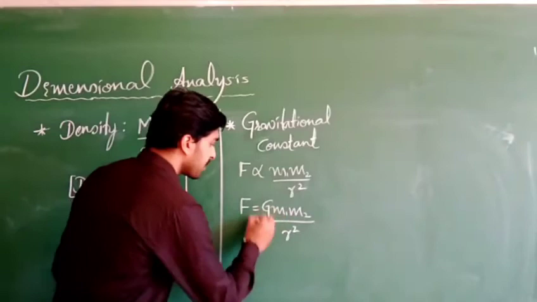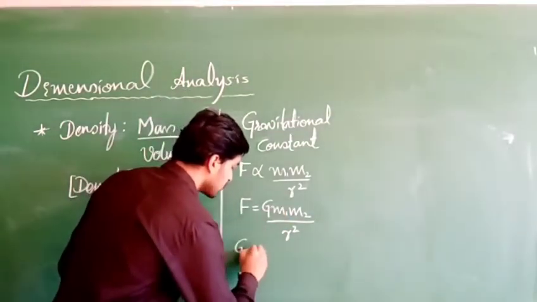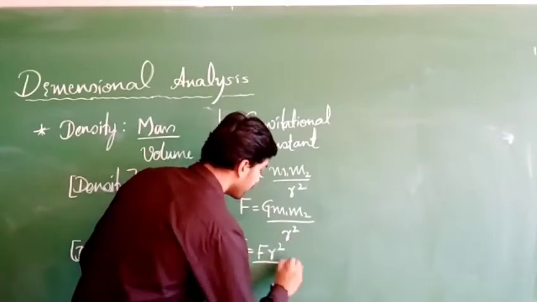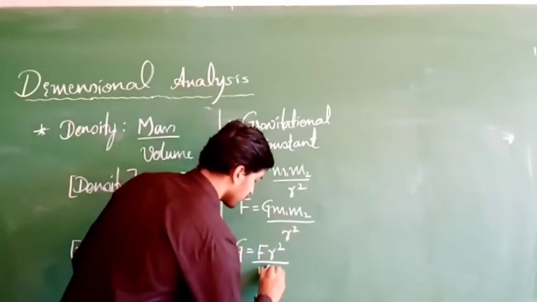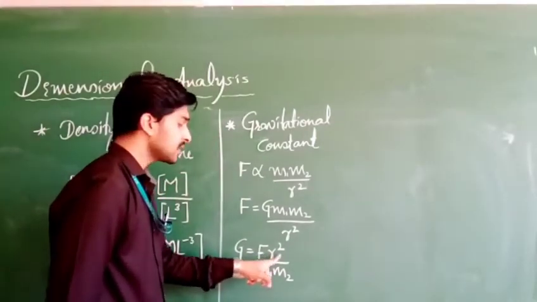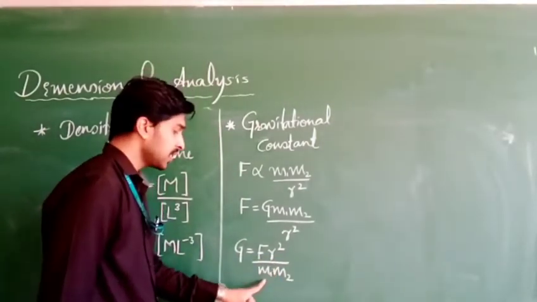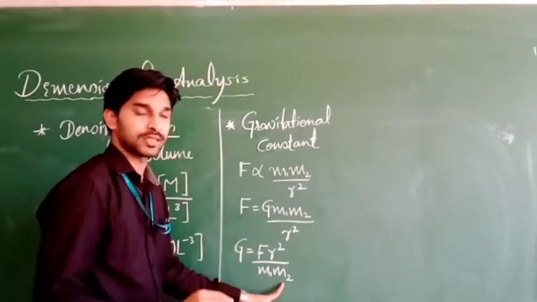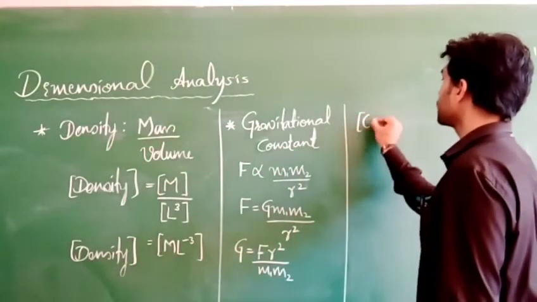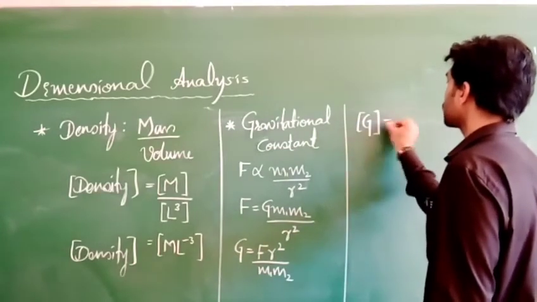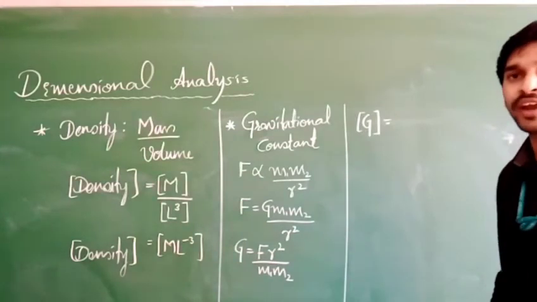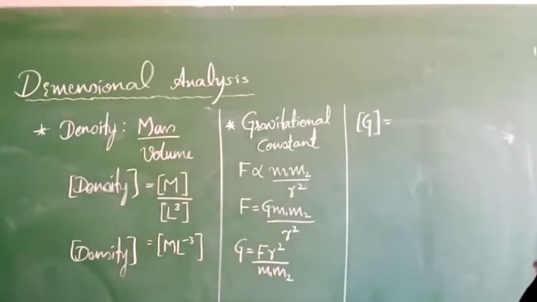For this gravitational constant, we are now going to determine the dimensions. If I separate G, what can I write? F r square whole divided by m1 m2, where F is force, r is the distance between 2 objects, and m1 and m2 are masses. So now we are going to write the dimensions for G. First, for force. Force we already calculated. What is the dimensional formula for force?